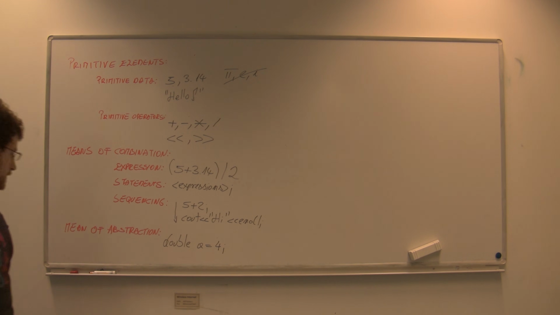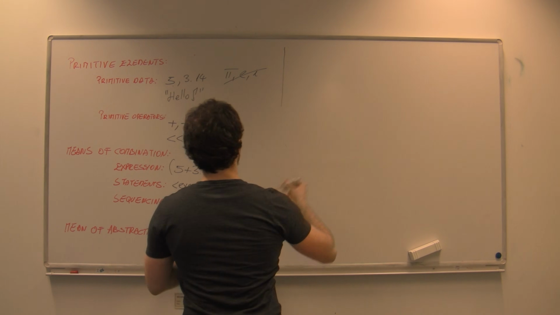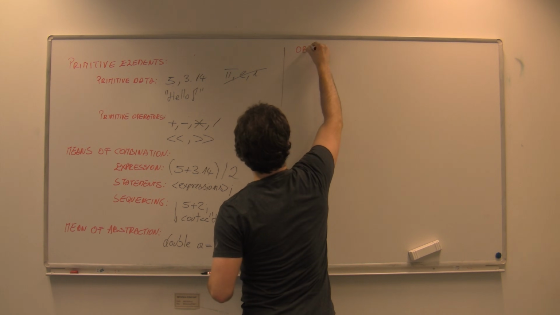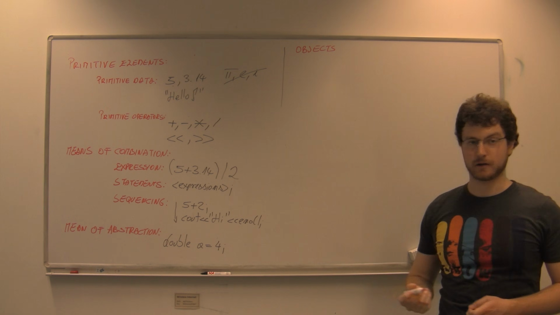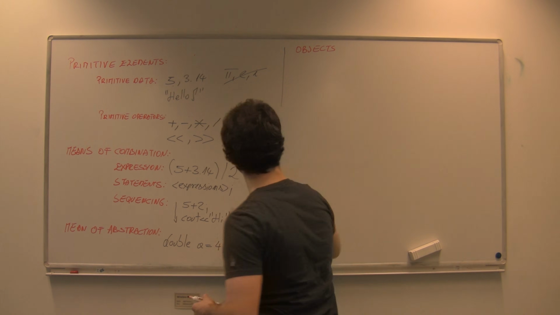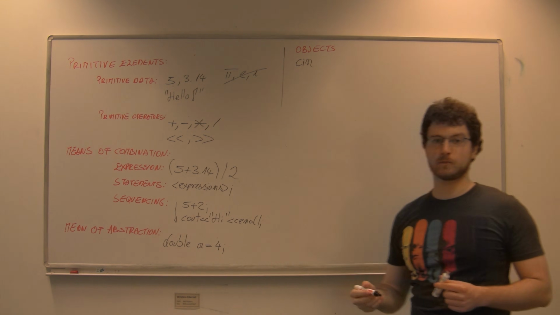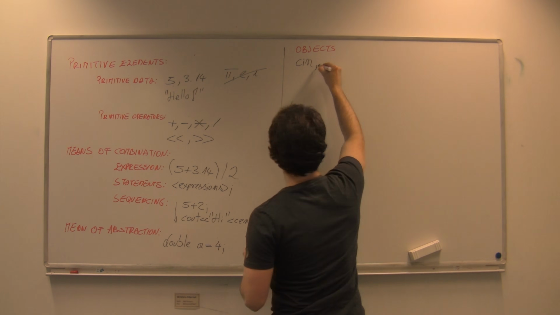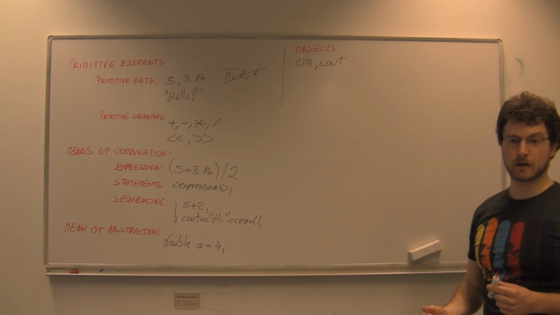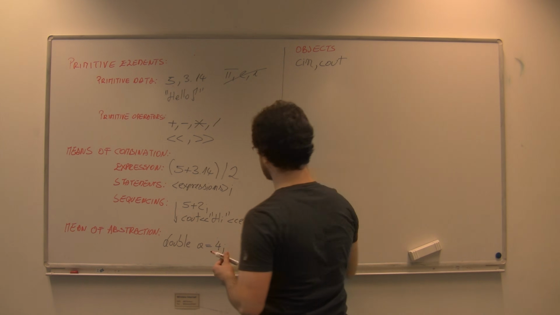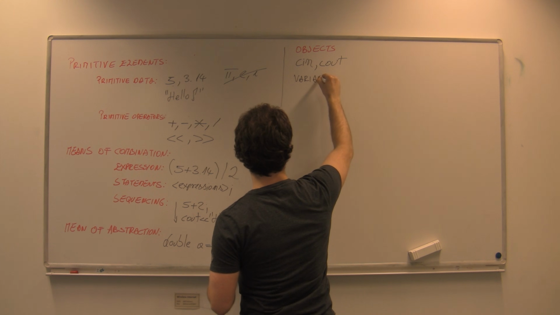And in addition to all of this, we've also seen objects. Things that we didn't really elaborate upon. And these objects were cin, which stood for standard input, cout, which stood for standard output, and variables like this, like the variable a or variable b or whatever.